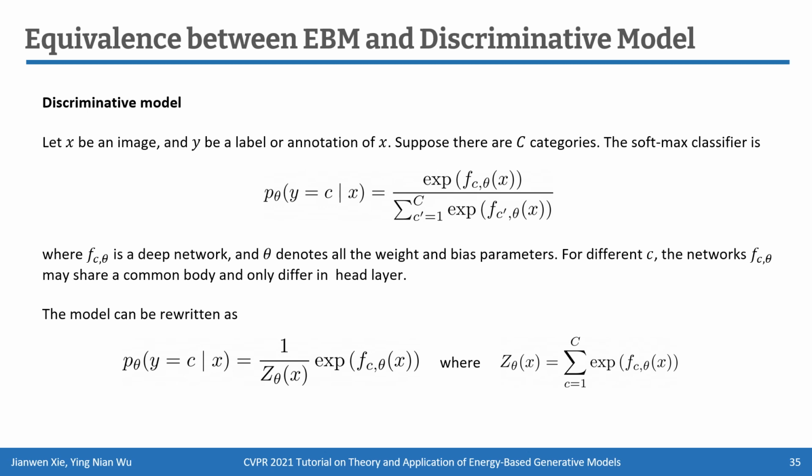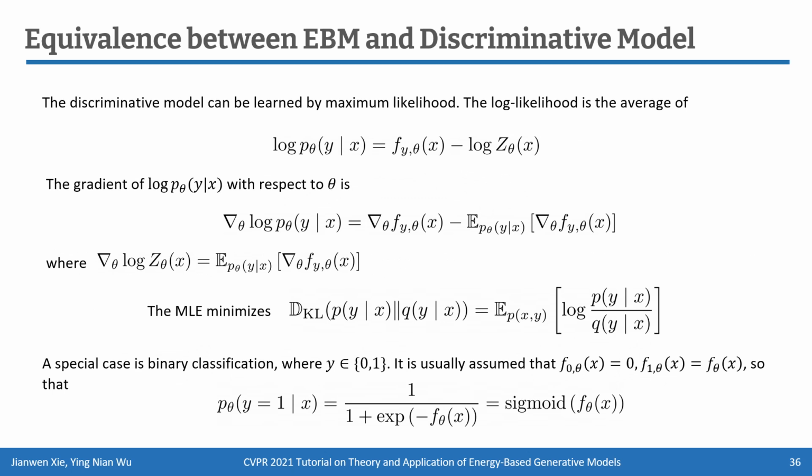This softmax model can be rewritten in an energy-based form with Z representing a normalizing constant. Since the space of C is small, the computation of Z is tractable. We can learn the discriminative model by maximum likelihood.